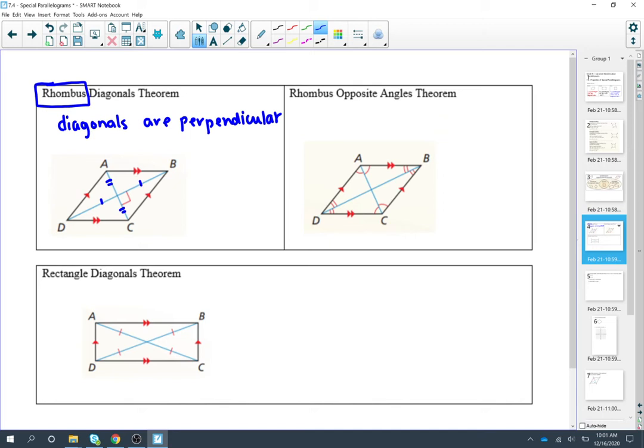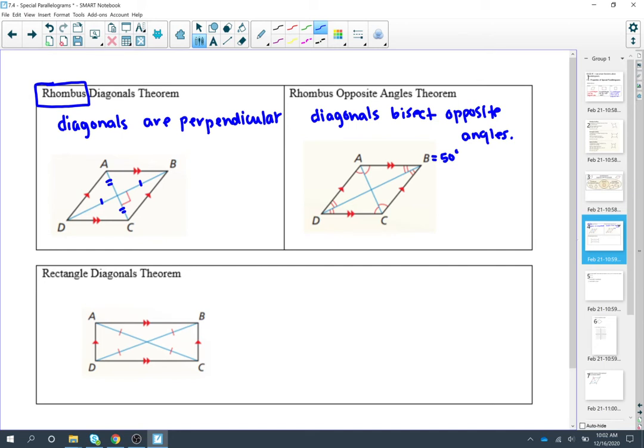Now, also in your rhombus is the opposite angles theorem. So the diagonals bisect opposite angles. Now, what I mean by that is, do you notice these little tick marks and these little tick marks? They cut this thing in half. So let's say angle B is 50 degrees.